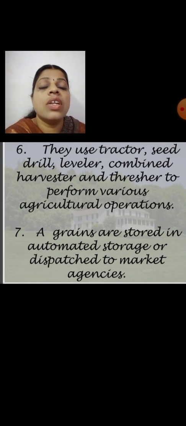The next one, I told you about the modernization of the agriculture. They have also implemented the mechanization of the agriculture, and they have modernized their system. They have used more and more machines such as tractors, seed drills, levelers, combine harvesters and threshers to perform various agricultural operations.